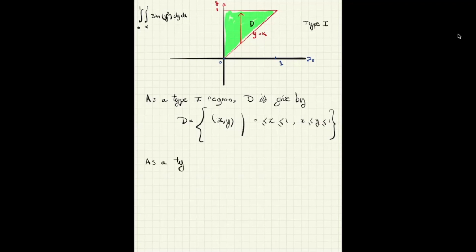the first thing to observe here is that this is not possible to do. This integral is not possible, since you cannot find a primitive function of sine y squared. It is not an elementary function. You can do it by power series. It's possible, but it's going to be an approximation.